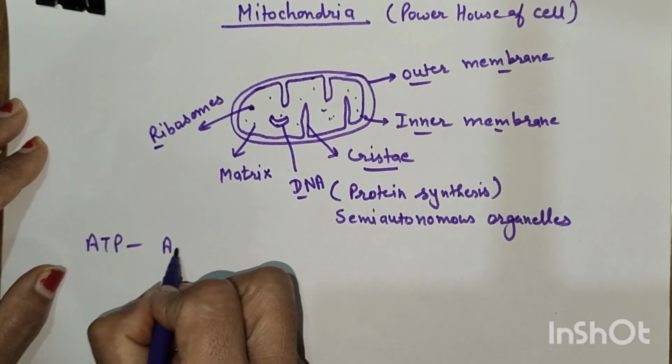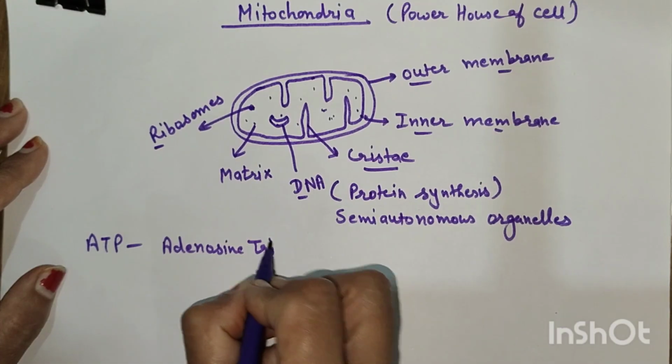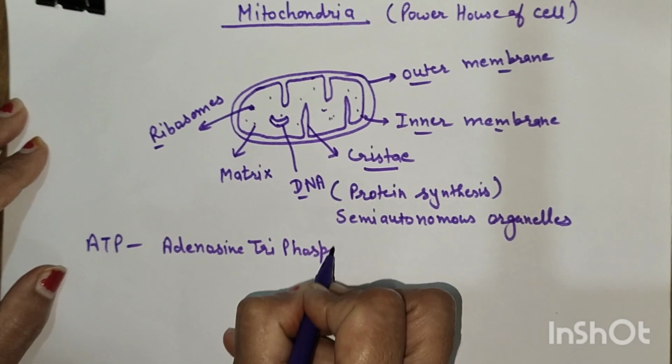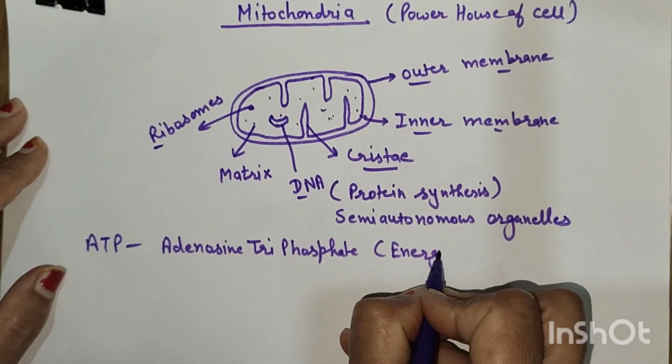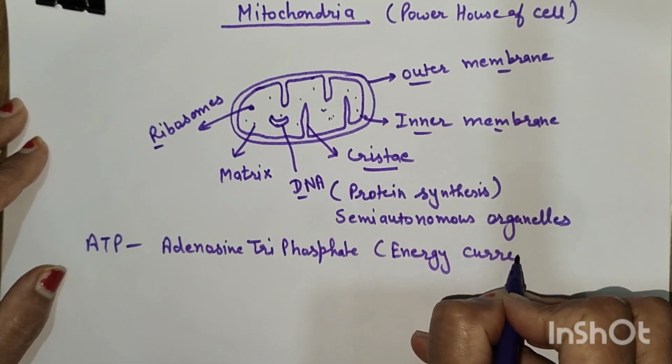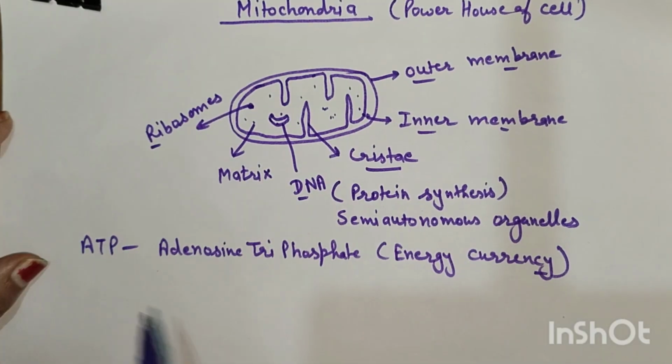ATP is adenosine triphosphate. It is the energy currency of the cell. It provides the energy to the cell.